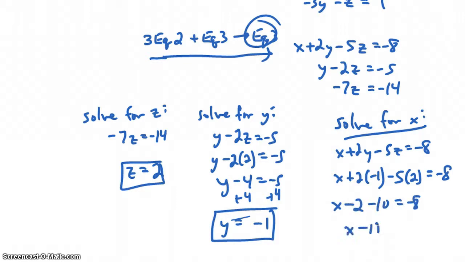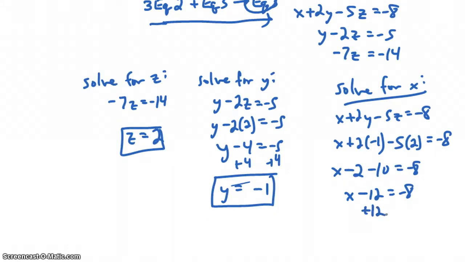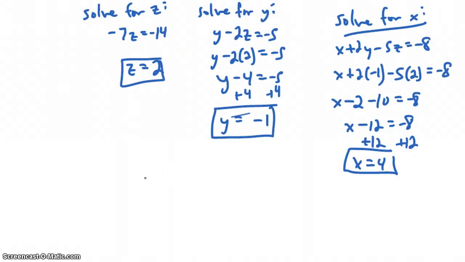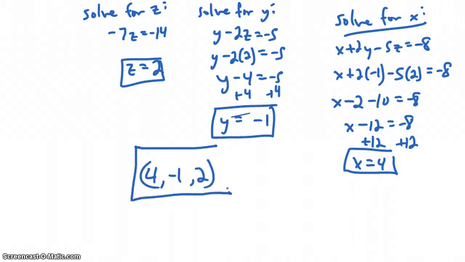So x minus 12 is equal to -8. Adding 12 to both sides, you end up with x equal to 4. So our solution is an ordered triple, or ordered 3-tuple: 4, -1, 2. You do the x-coordinate first, then the y, then the z.